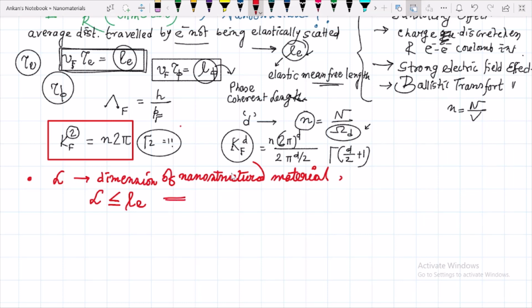Then the effect which dominates is the ballistic transport effect.